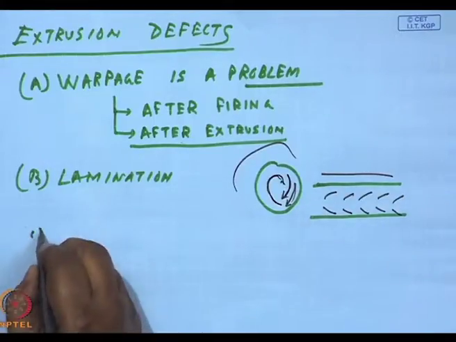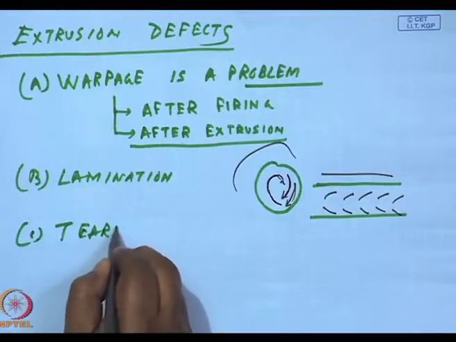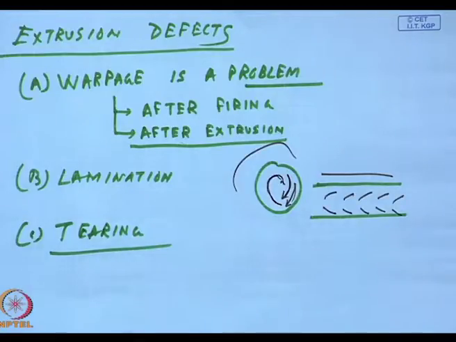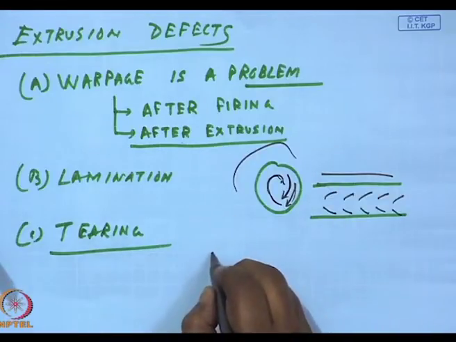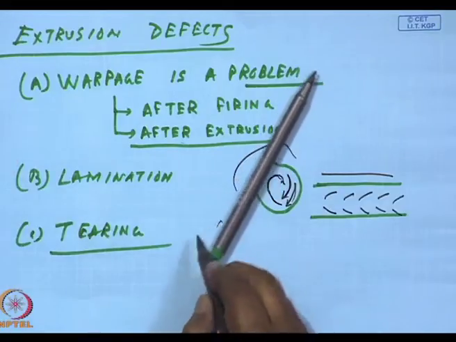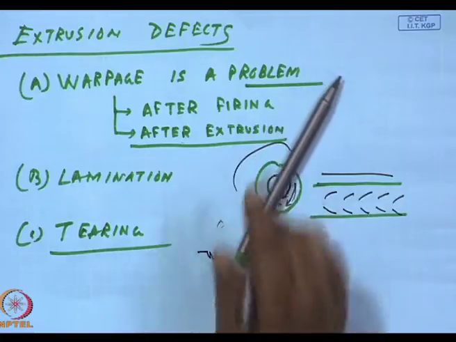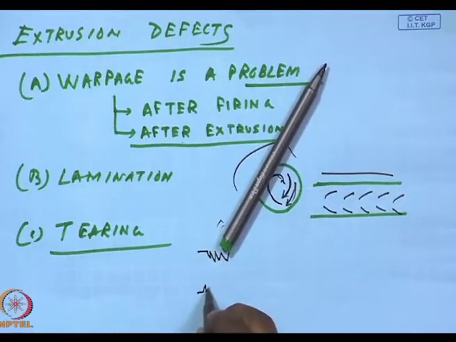The third one is tearing. Because the extruded material comes out of a barrel, what may happen is when it comes out, due to friction, it may show tearing at the surface.